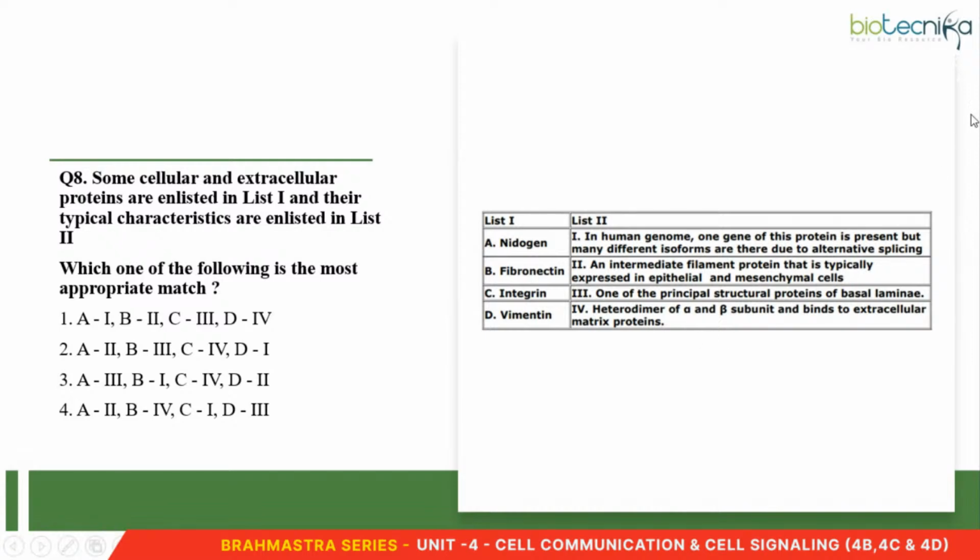So what kind of questions can you expect from cellular communication? You can expect match the following or statement based questions regarding cellular junctions, cell adhesion molecules, and ECM proteins. It could be function, structure, anything they can ask.